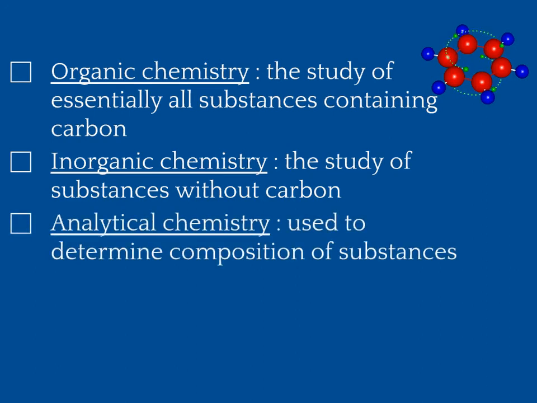What do you think we're going to do with analytical chemistry? Analyze it. And what do we do when we analyze it? What do we figure out? What is composed? Exactly what it's composed of.